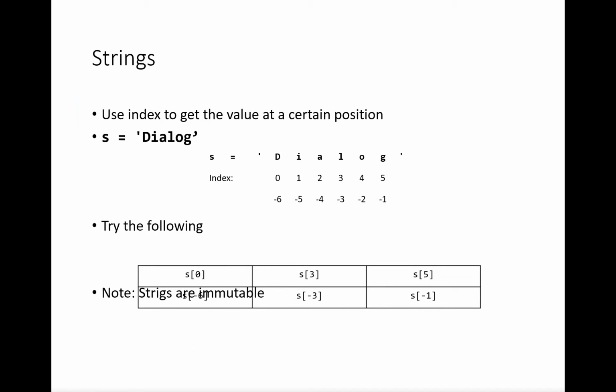So when you say S0 it means the first one, is it the same as S minus 6? Similarly, S3, and then at the end it will be S5. Okay, let me show you quickly a couple of things.